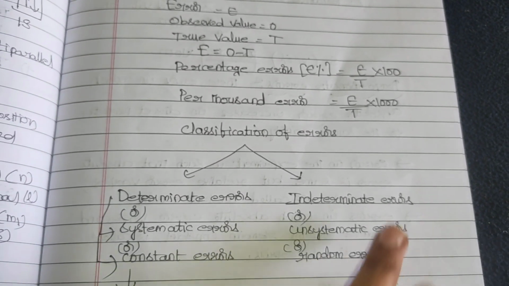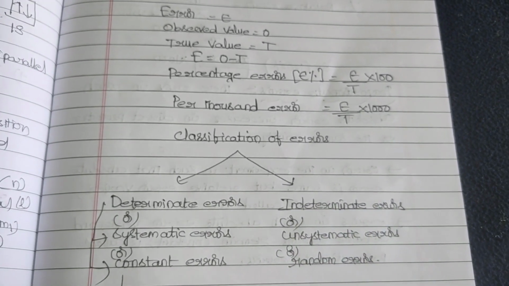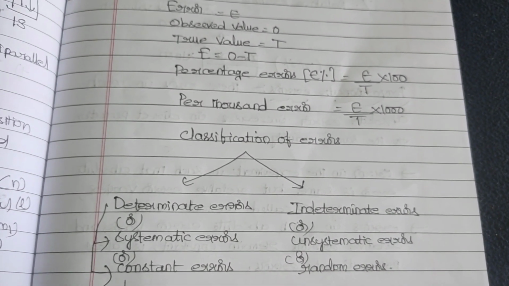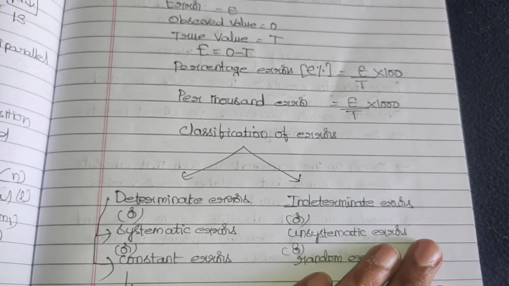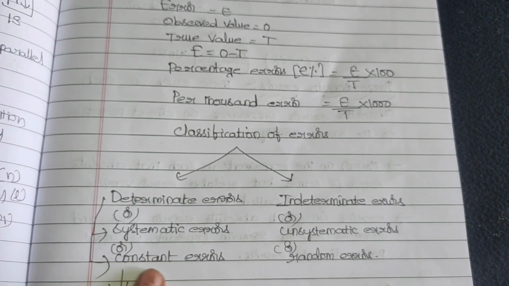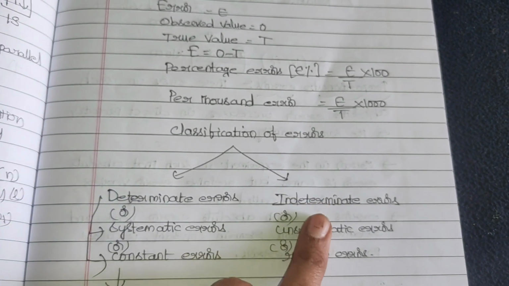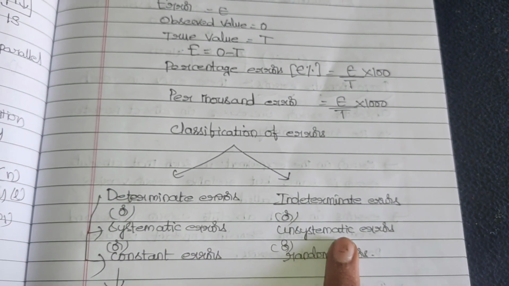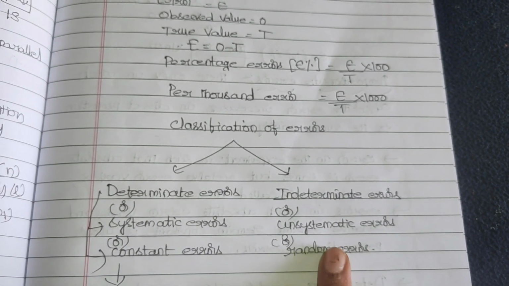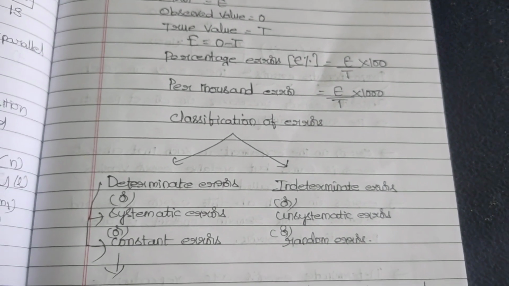Indeterminate errors are random errors; we don't know the reason why they happen. Determinate errors are also called systematic errors or constant errors, whereas indeterminate errors are also called unsystematic errors or random errors, because they occur randomly without our knowing.